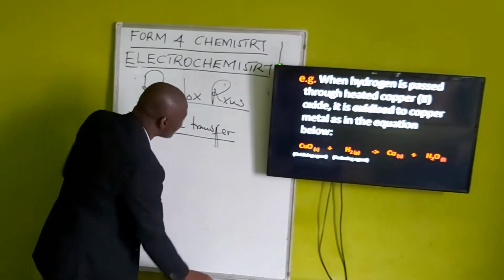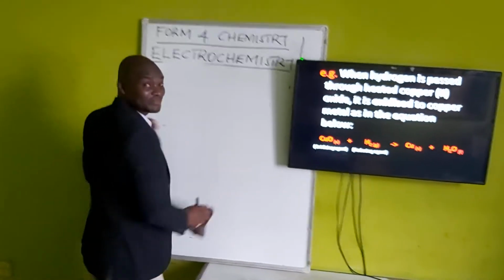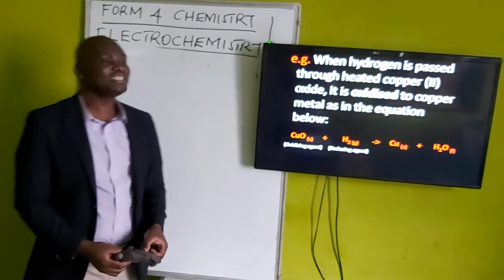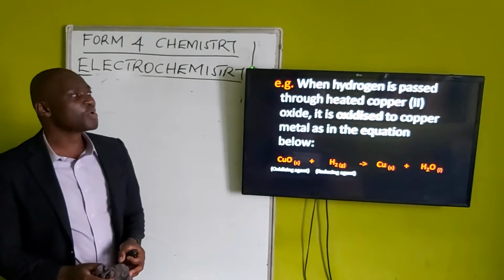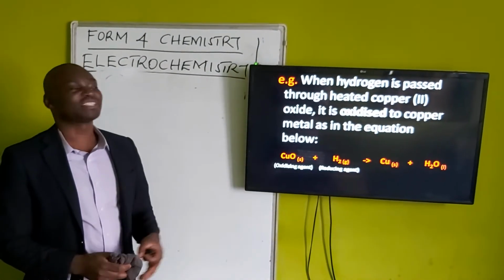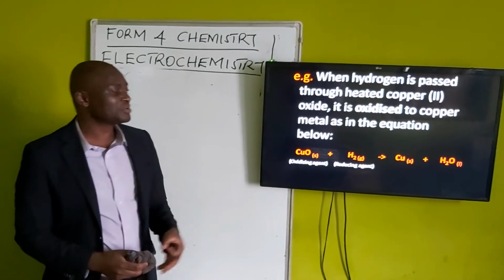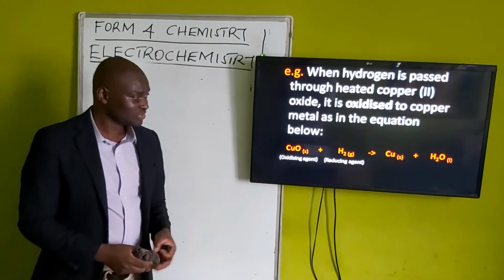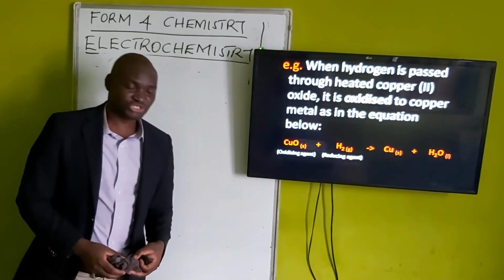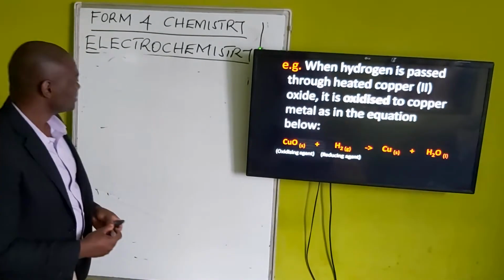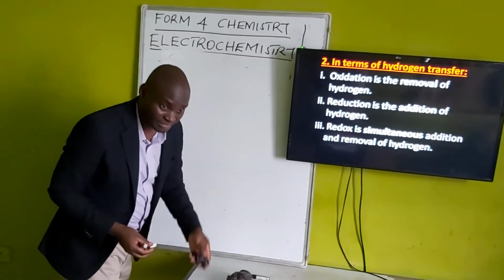To understand that concept, like here, when hydrogen is passed through heated copper II oxide, the copper oxide is reduced to copper metal, as the equation below shows. So let me explain that.